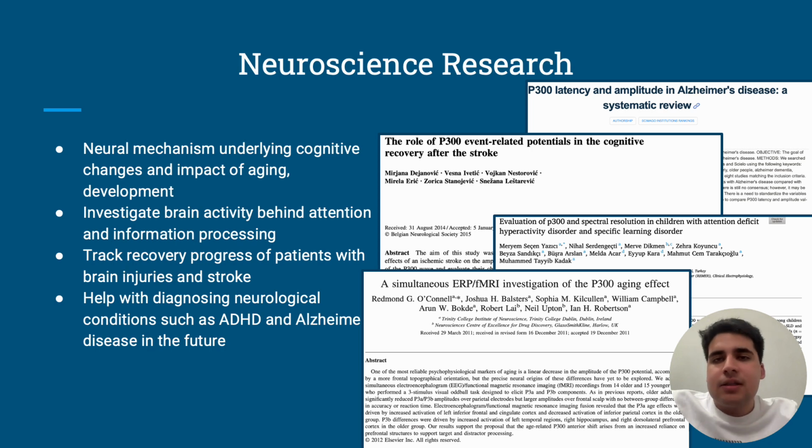Secondly, the P300 can also be used to elucidate brain activity and the neuronal mechanism behind attention and information processing, so that we can really better understand these phenomena and improve our understanding.